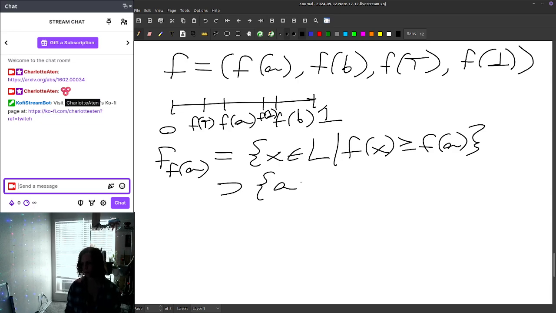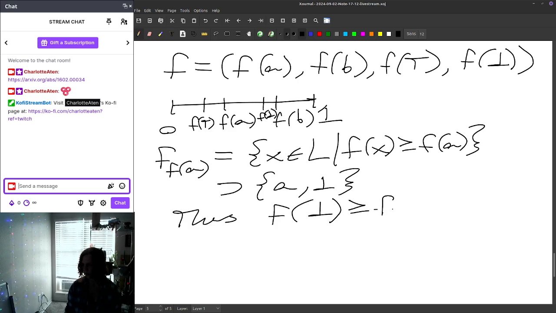But if this is supposed to be a principal downset, then we know that it has to contain not just a but the bottom element as well. And thus we are going to require that f of the bottom element is greater than or equal to f of a.